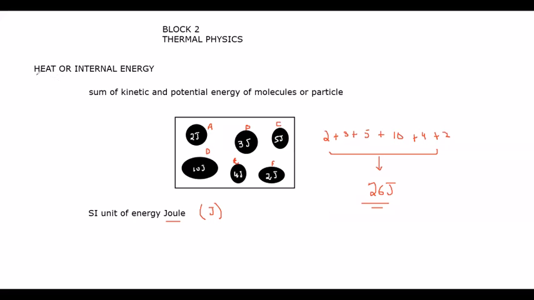In that part I discussed what is internal energy or heat energy. Now topics which are related to this heat energy. The first topic is known as the thermal capacity.